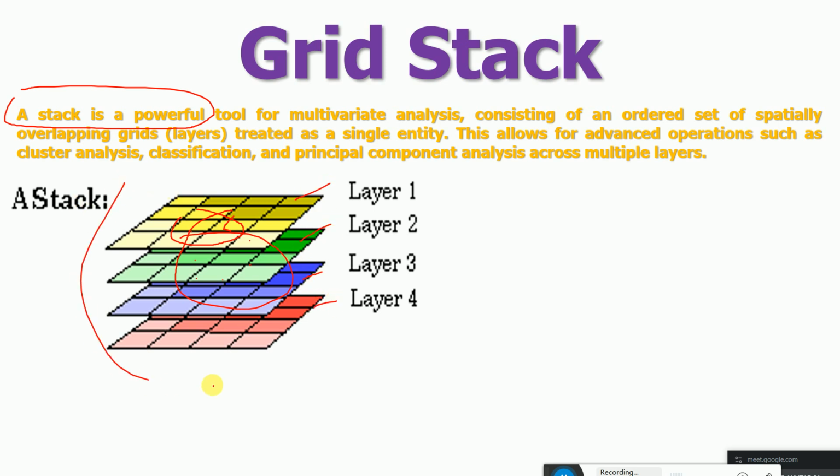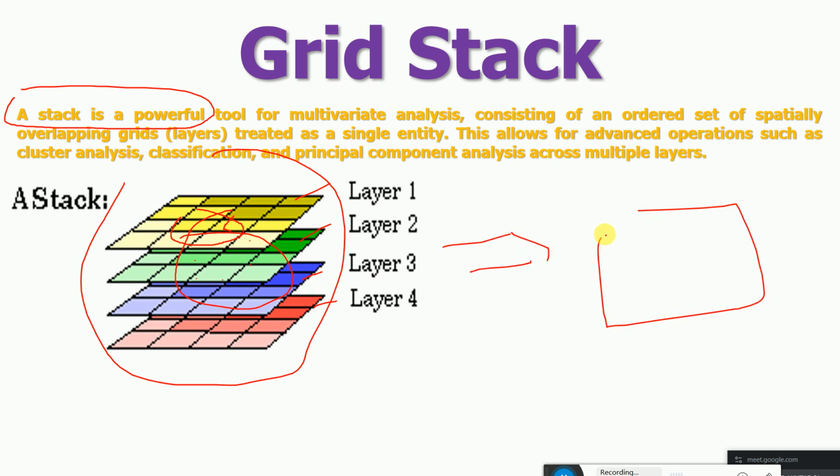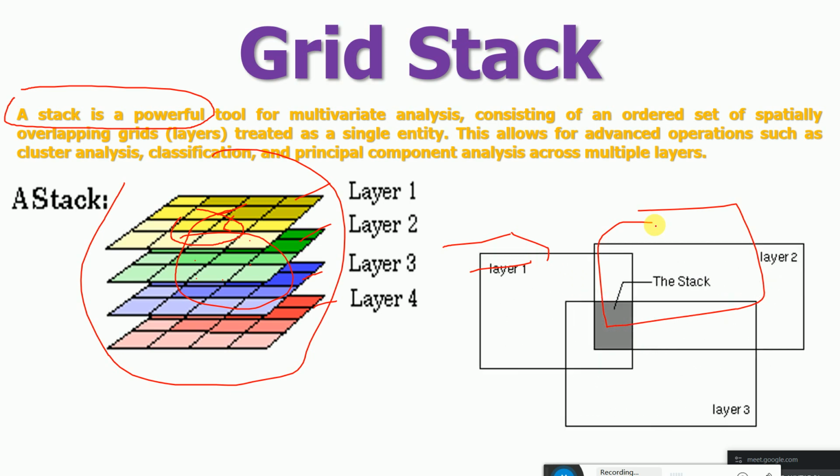So stack these and make a single layer. Layer 1, layer 2, then layer 3, and this is your stack. So this stacking property defines cluster analysis, classification, principal component analysis, whatever you want you can do with the stacking property. We will also do some practical grid stacking.